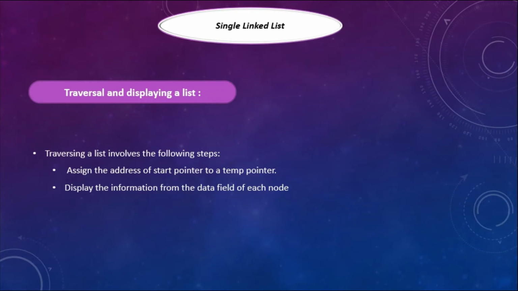When we want to traverse a linked list from the starting to the end, we just need to assign the start pointer to a temp pointer, and after that we have to move the temp pointer to the last node, and in this process we just print the data stored in that node.